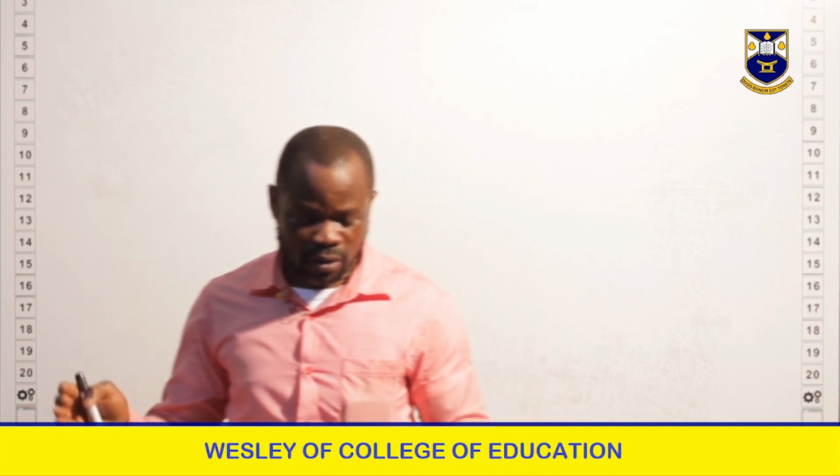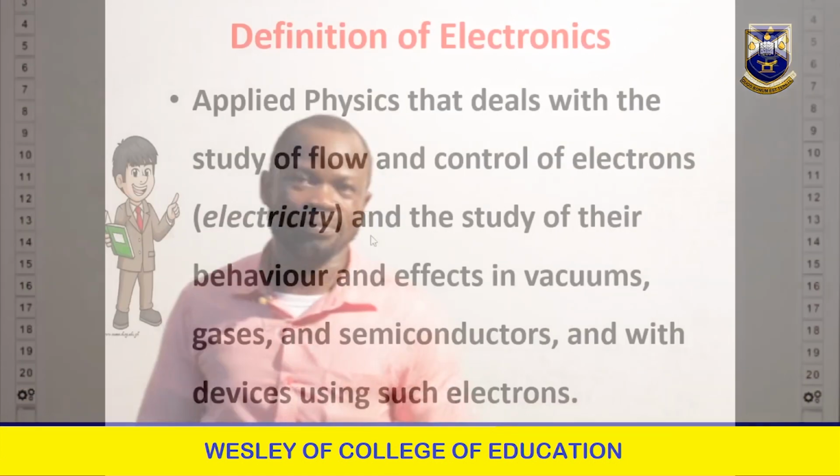So what we are basically saying is that this is a branch of physics that looks at devices controlling the flow of electrons in gases, in semiconductors, and other devices that use them.